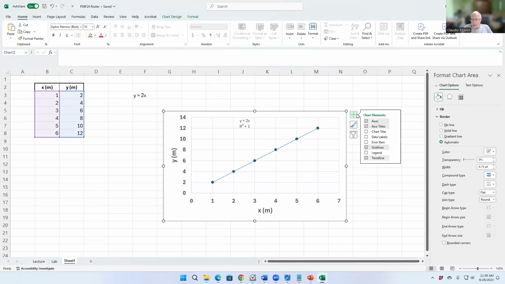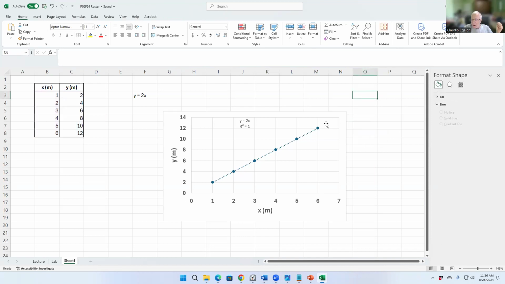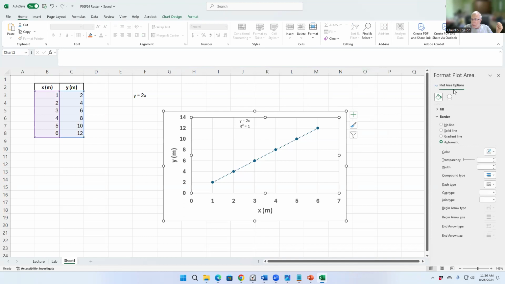I don't have a Mac here with me, I have a PC, so I do need to see it. I do see the format chart area, but I just don't see the line. Are the boxes checked? Make sure the boxes are checked. Let's see, plot area.